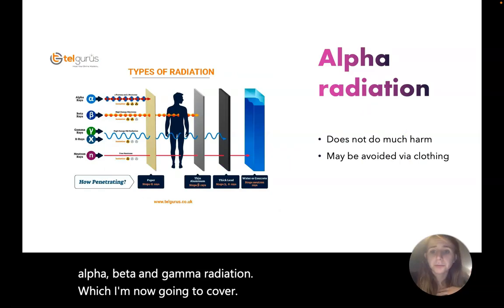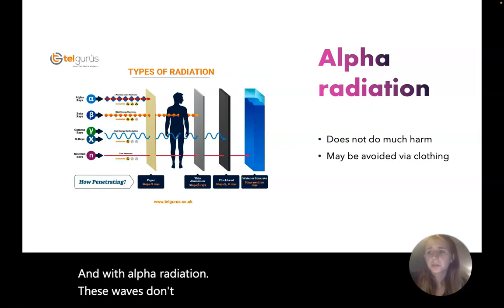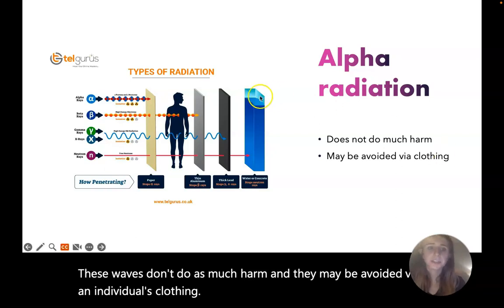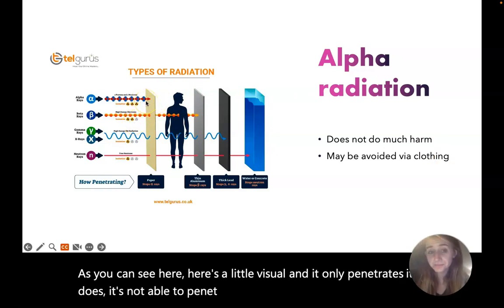With alpha radiation, these waves don't do as much harm, and they may be avoided via an individual's clothing. As you can see here in this little visual, it's not able to penetrate through paper.